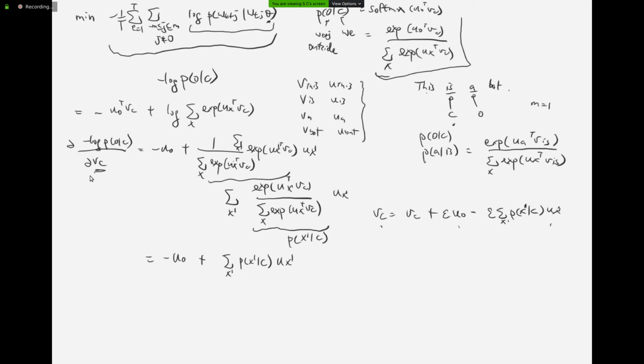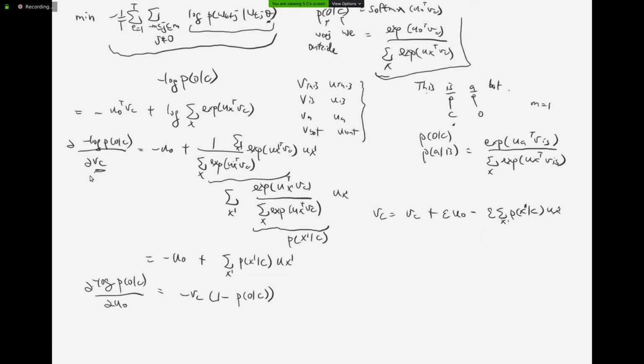Similarly, I can do the same thing to look at the update rule for UO. I won't go through that, but you can easily do the same thing, and we'll eventually get something like this. It's not exactly the same expression, but we can also interpret it rather intuitively.